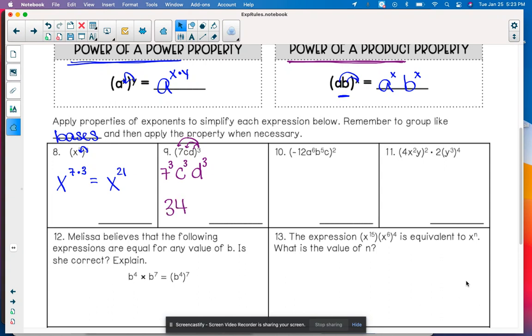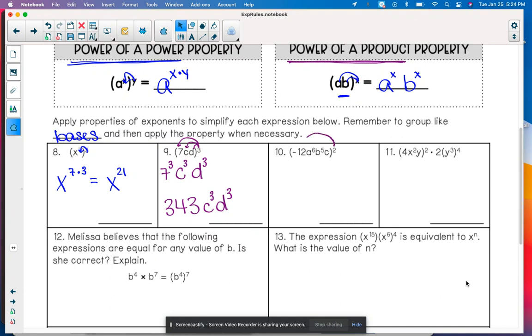So let's practice 10 together, and then I'm going to see if you can do number 11 on your own. So 10 is a combination of both. We're going to use power of a power and power of a product.